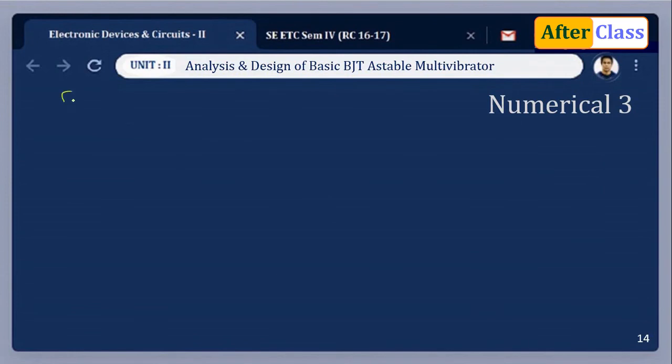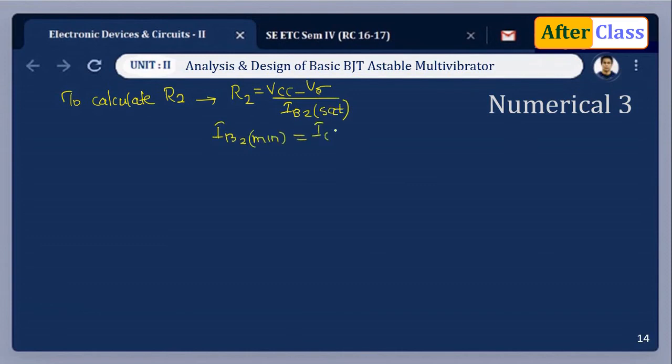Calculate R2. So I'll write here R2 is VCC minus V cut in divided by IB2 set. So IB2 minimum equals IC set divided by HFE minimum.